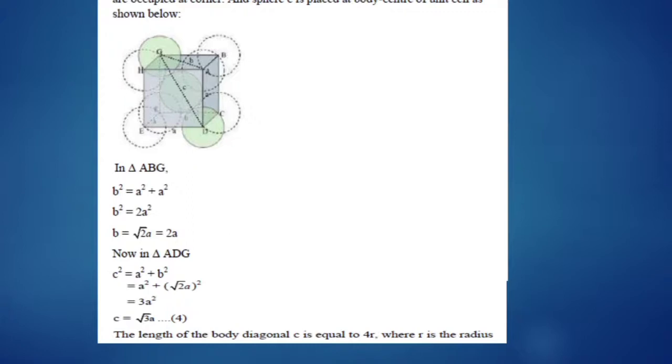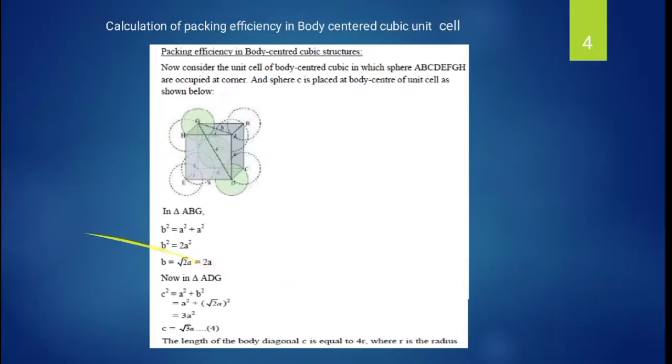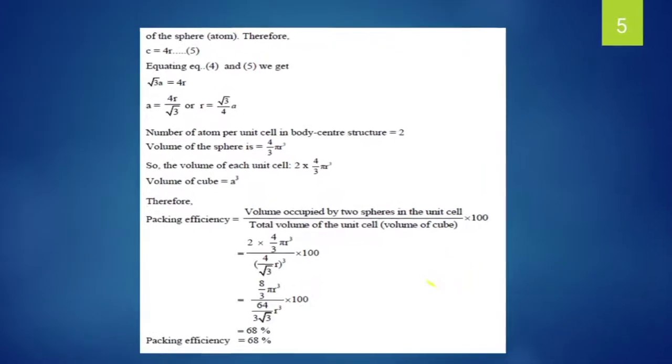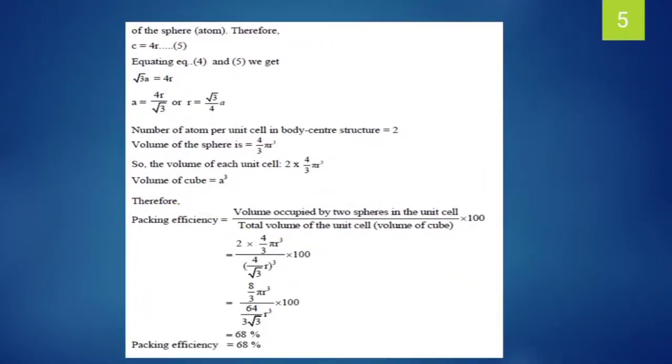The length of the body diagonal c is equal to 4r, where r is the radius. So c is equal to 4r. Square root of 3 a is equal to 4r. a is equal to 4r divided by square root of 3, or r is equal to square root of 3 by 4 a. Now here, the number of atoms per unit cell in a body centered cubic structure is 2.